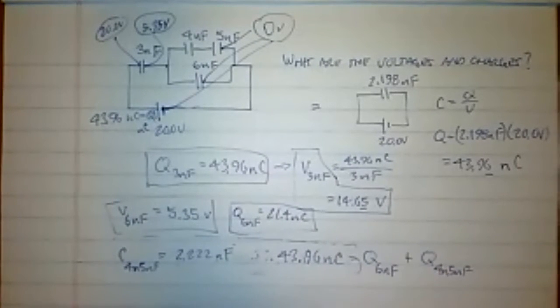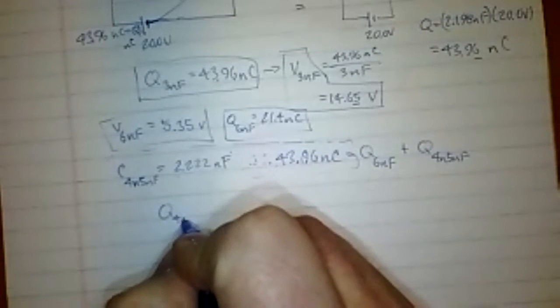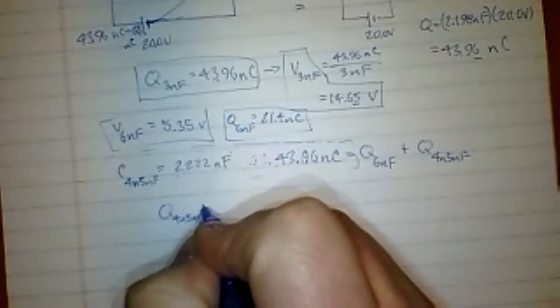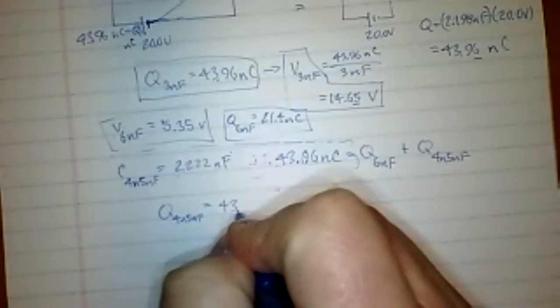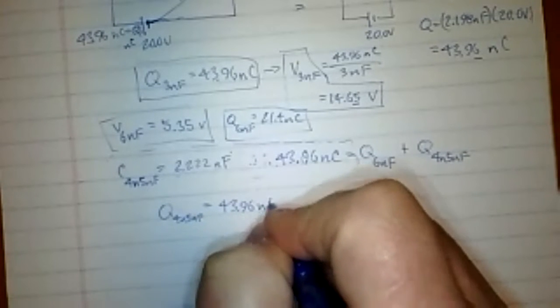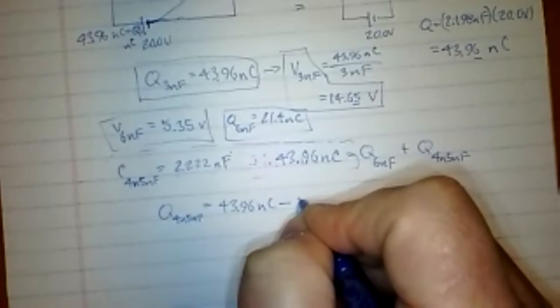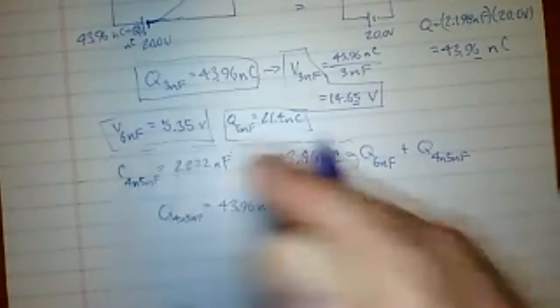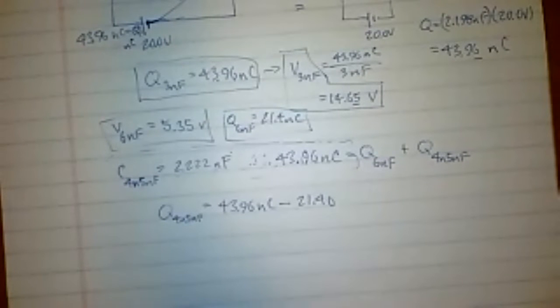Okay, so when I put that in, that gives me Q for the 4 and 5 nanofarad capacitor is equal to 43.96 nanocoulombs minus 21.4. I think that was exactly 21.40. Trying to find where I got the 21.